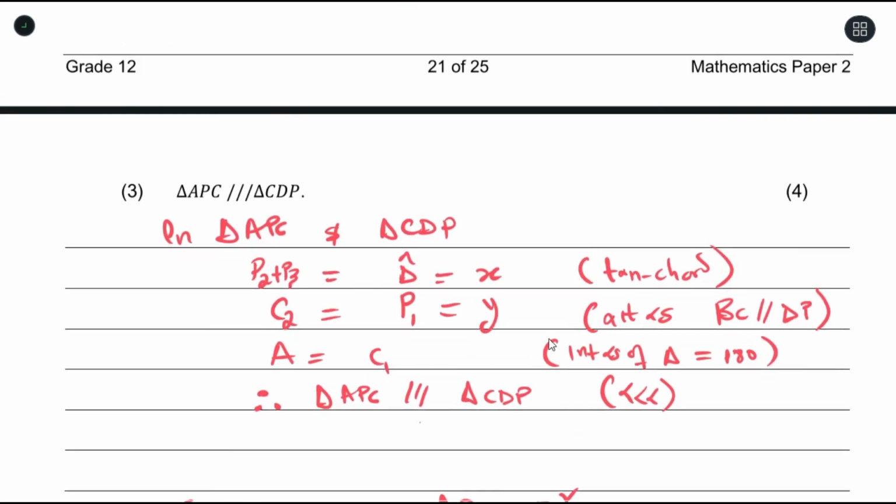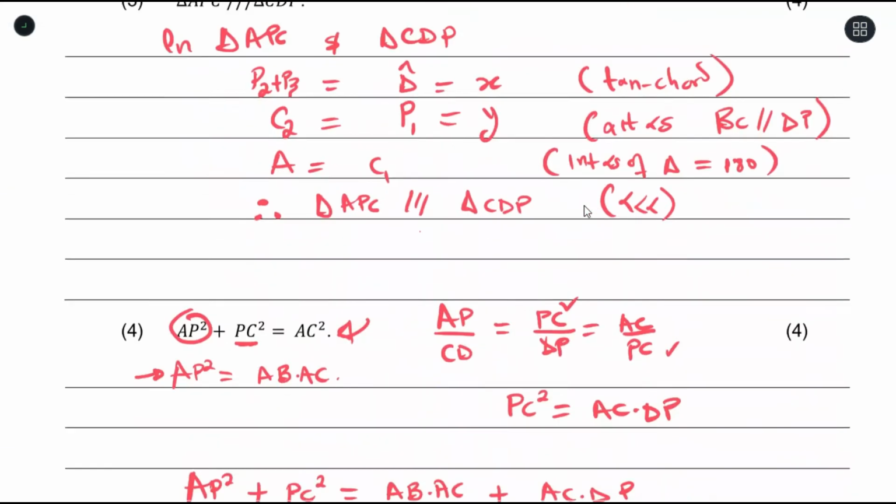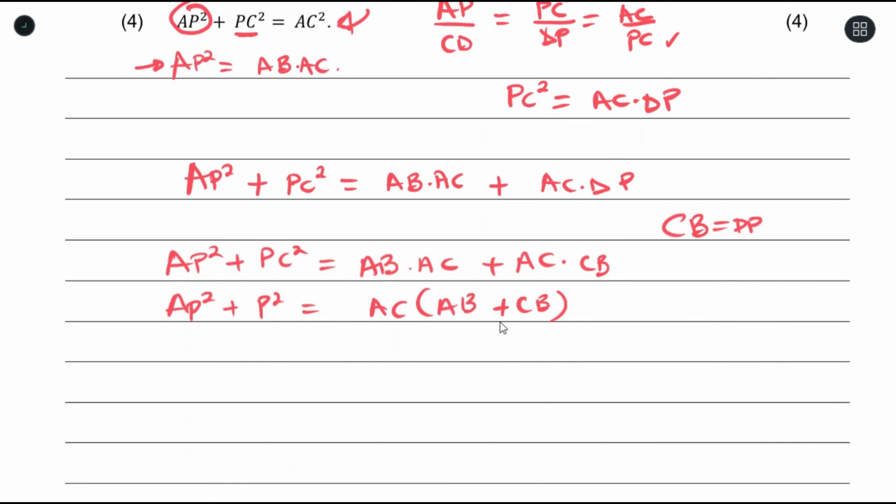Now going back up, this is AB, this is CB. If you add both of them, it gives you the whole of AC. So this gives you AC times AC, which is equal to AC squared.